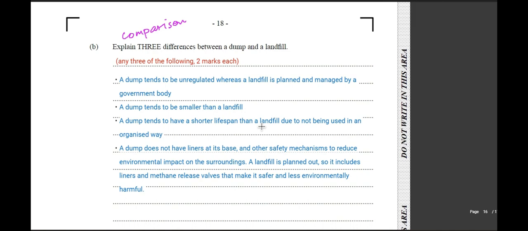You just go and drop garbage in the area. And also, a dump doesn't have liners, it doesn't have other safety mechanisms, so it has greater environmental impact, right? So a landfill is planned out, it has liners, it has methane release valves. So it is safer and less environmentally harmful. All right? So those are some of the differences you can talk about.